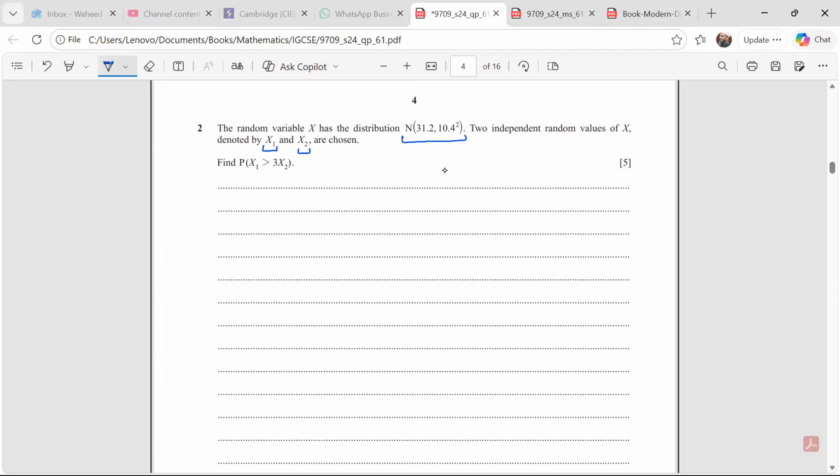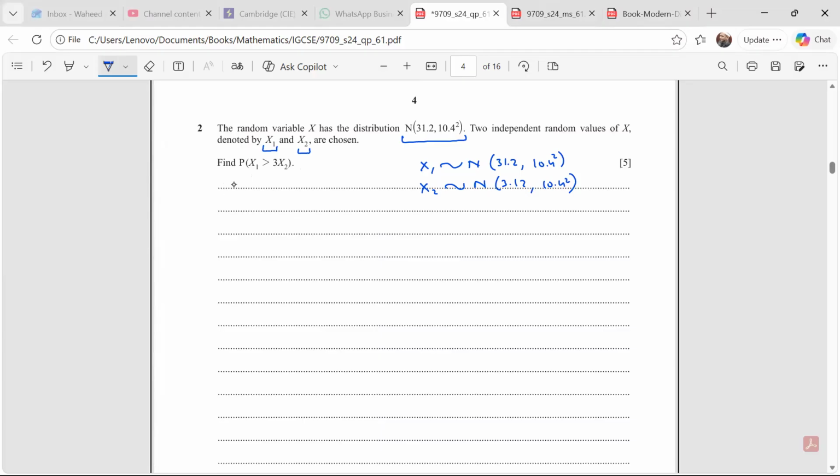So it is right to say that x1 is normally distributed with mean 31.2 and variance 10.4 squared, and x2 is also normally distributed with the same mean and variance 10.4 squared. Now we have to find the probability that x1 is larger than 3x2.